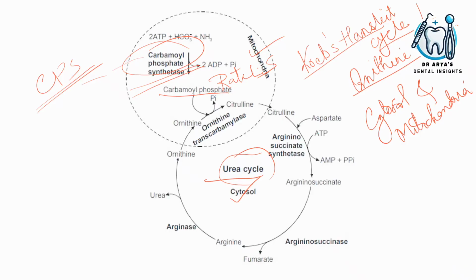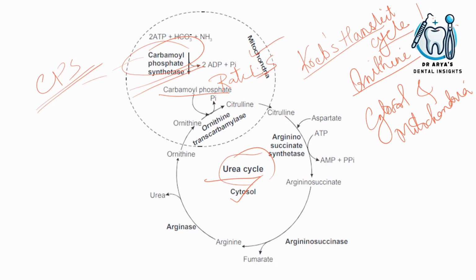It converts to argininosuccinate by the enzyme argininosuccinate synthetase, then into arginine by argininosuccinase, then ornithine by the enzyme arginase.